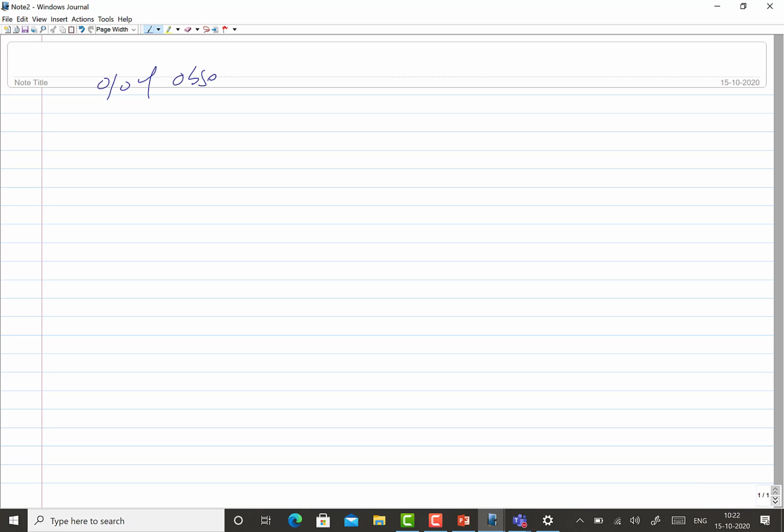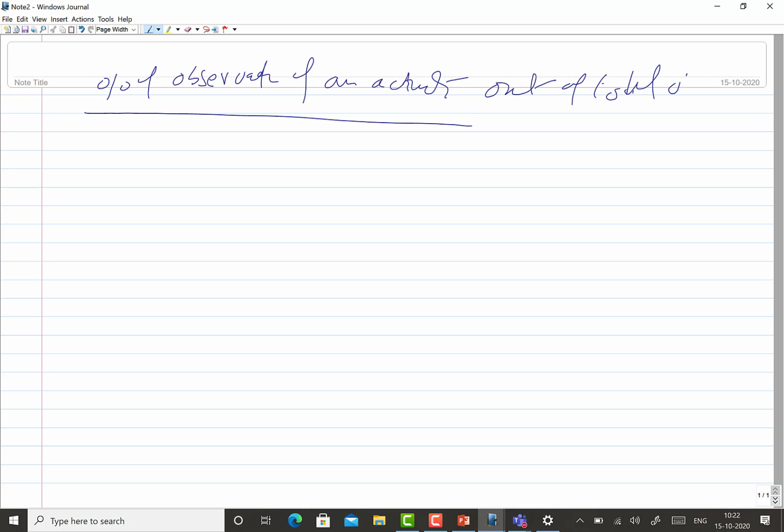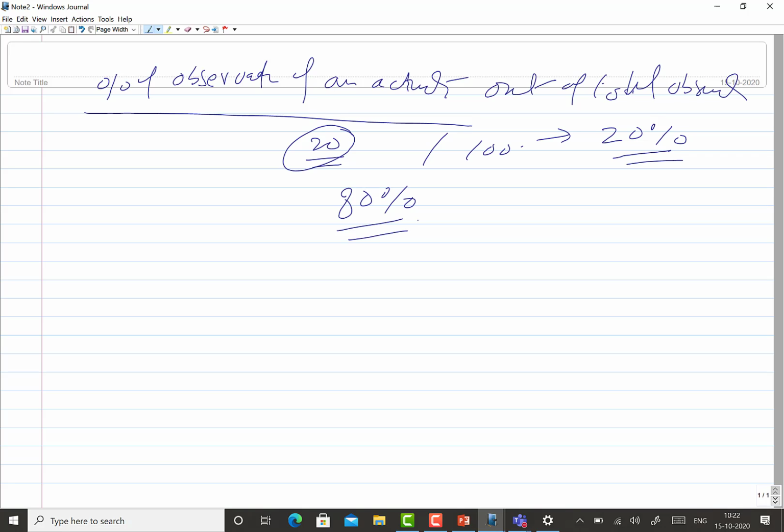So based on this, the percentage of observations of an activity is identified out of total observations. Like say 20 observations are there out of 100 in which nothing is being done. So the idle percentage is expected to be 20%, and for the remaining 80% of the time the worker is working.